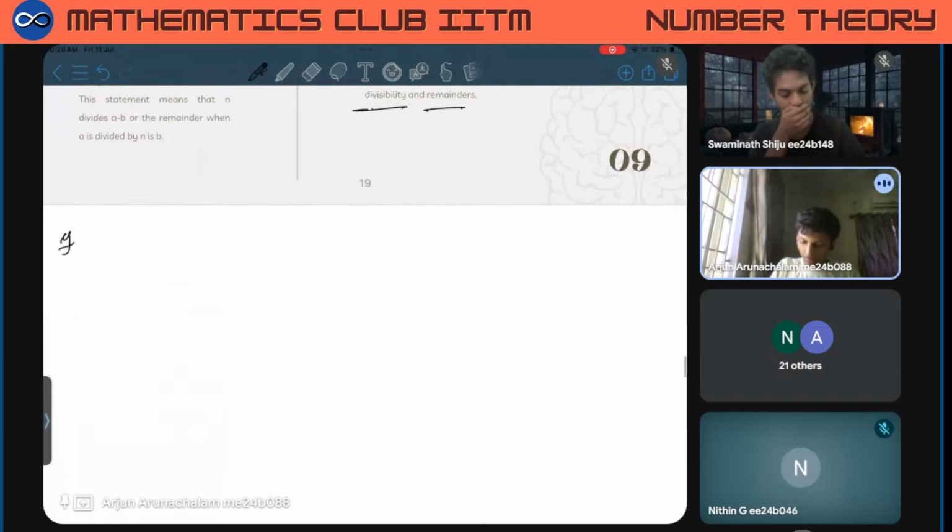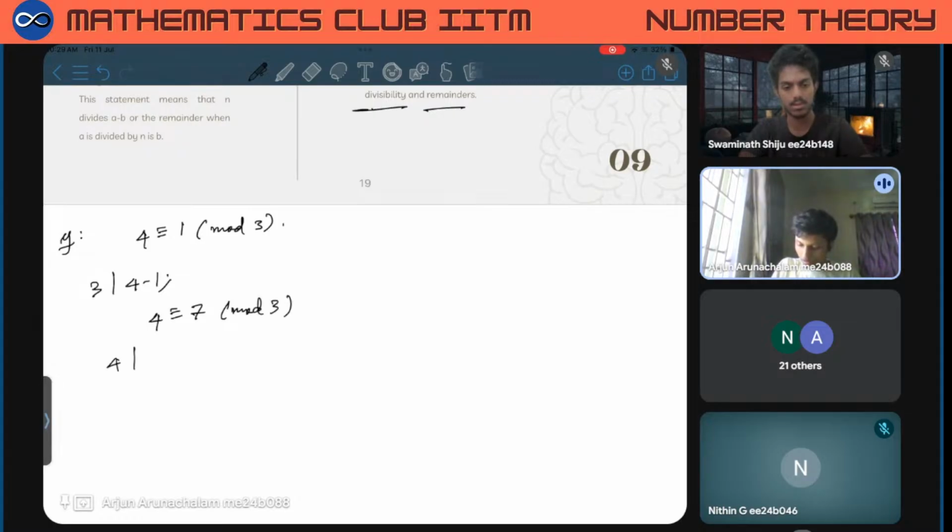For example, 4 is congruent to 1 mod 3 because 3 divides 4 minus 1. You can also notice that 4 is congruent to, let's say, 7 mod 3 because 3 also divides 4 minus 7, which is minus 3.